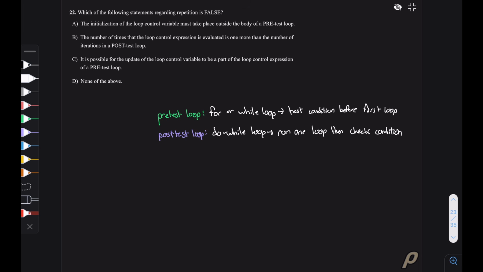So for a for loop, we have like our i less than n or something. In our while loop, we have like x greater than 0. Whereas do-while, we don't check it till the end here, right? This gets checked after the iteration of the body here. So the initialization of the loop control variable must take place outside the body of a pre-test loop.